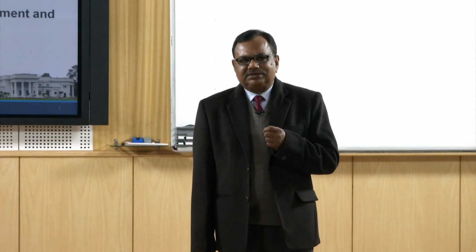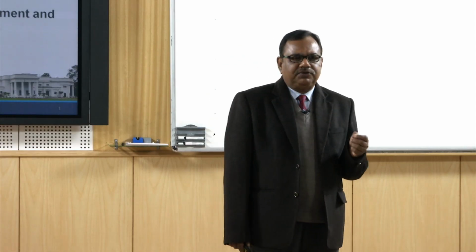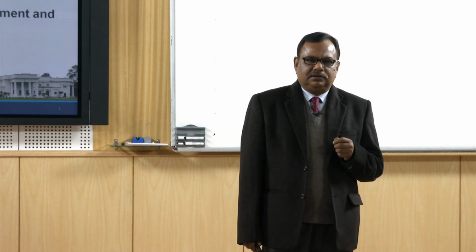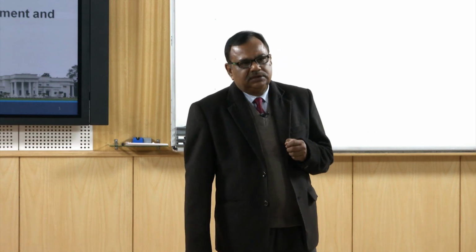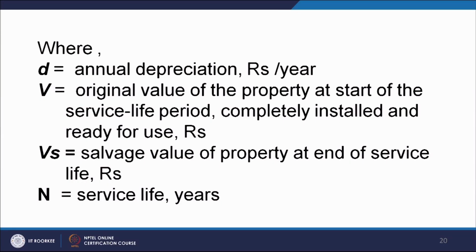If I am taking the straight line method, I join V to Vs with a straight line. Here D is the annual depreciation in rupees per year, and V is the original value of the property at the start of the service life period, completely installed and ready for use.